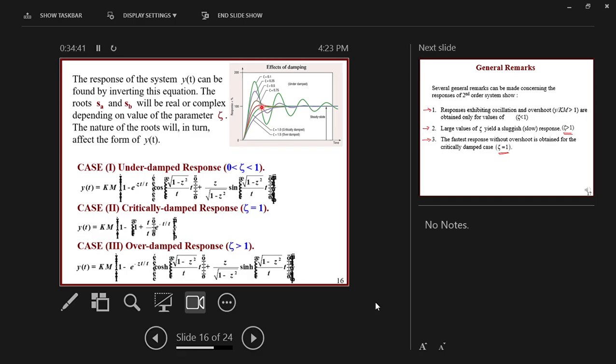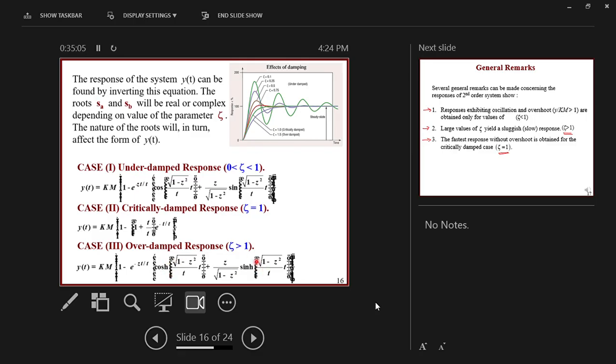The last case, when zeta is greater than 1 and we have an overdamped system, is represented by the first graph from below here, the blue line. And you can see that the increase is not oscillatory. If you look at the solution, it does not contain cosine and sine. However, it contains the cosine hyperbolic and sine hyperbolic.